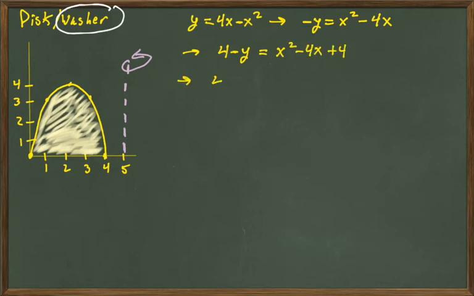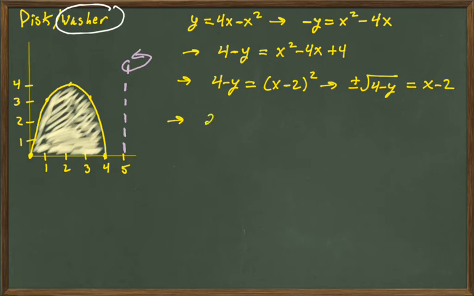Now doing that, we have a perfect square on the right-hand side, which is x minus 2 quantity squared. Take the square root, don't forget your plus or minus, and you get x minus 2 is equal to plus or minus the square root of 4 minus y. Add 2 to both sides, and you have 2 plus or minus the square root of 4 minus y is equal to x.